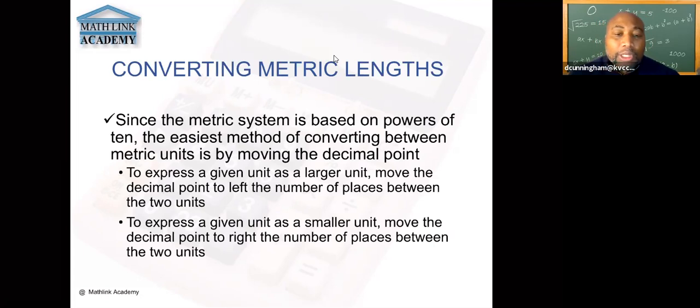When you express a given unit as a smaller unit, move the decimal place to the right the number of places between the two units. So to express a larger unit, you move it to the left. To express a smaller unit, you move it to the right.